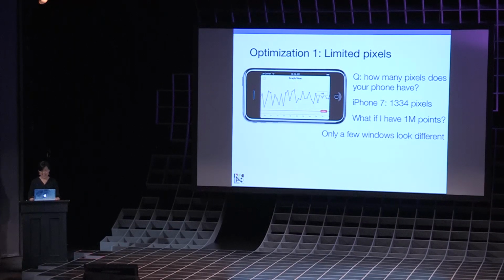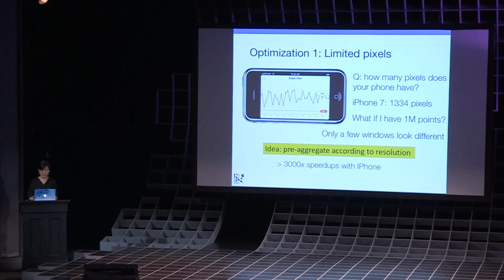Well, the truth is that given this limited display constraint, only a few window sizes are going to make your resulting time series look different. So our idea is to pre-aggregate the time series according to your target resolution, and with this we can save over 3,000x with the iPhone 7.